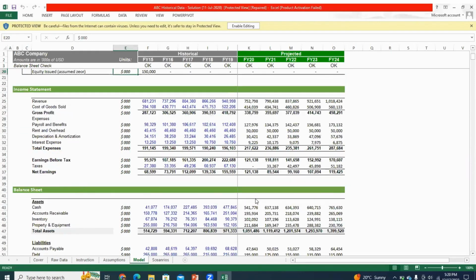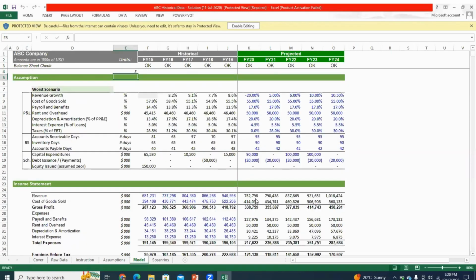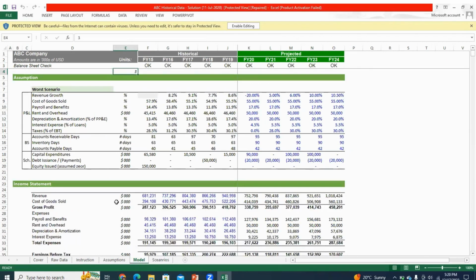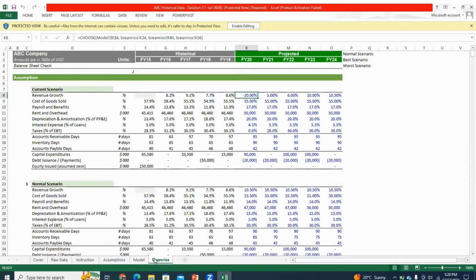See here, at the top, I have assumption. It says worst scenario. It has been chosen from here. In the next sheet, scenarios, I have the current scenario, which is shown here in front of us in the model. Next, I have the normal scenario of assumptions.